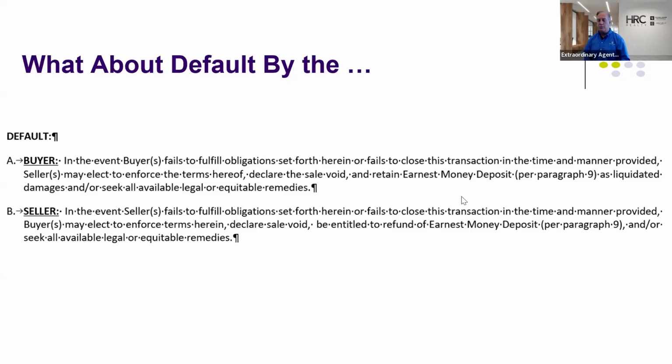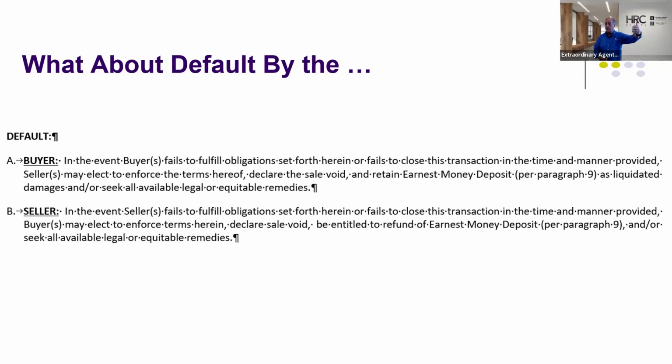Would there be a situation where the broker receives the EMD if either one defaults? Our purchase agreement, I believe, states that we would be able to keep 50% of any money that either, well, if we were representing the buyer, no, let me rephrase that. If the seller were to default, there's nothing, basically.